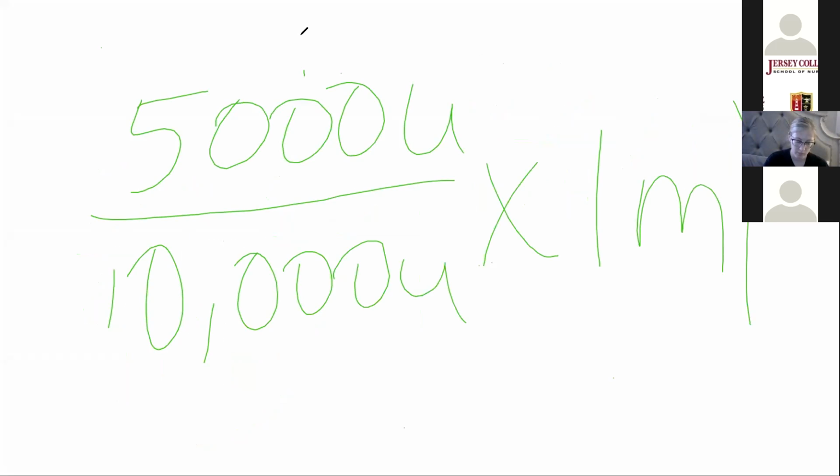So it's simple math there. 5,000 divided by 10,000 times 1. And what'd you get? 0.5. Is that what everybody got? Yes. 0.5. So you're going to give half of an mL.